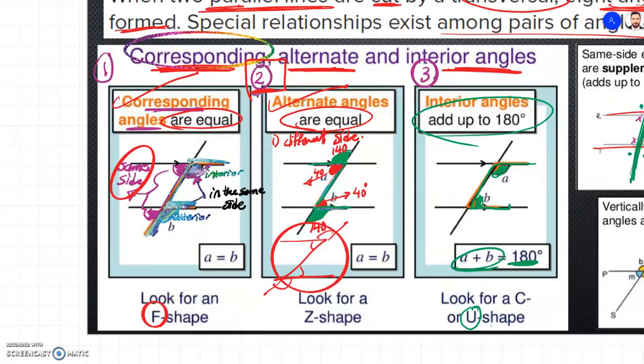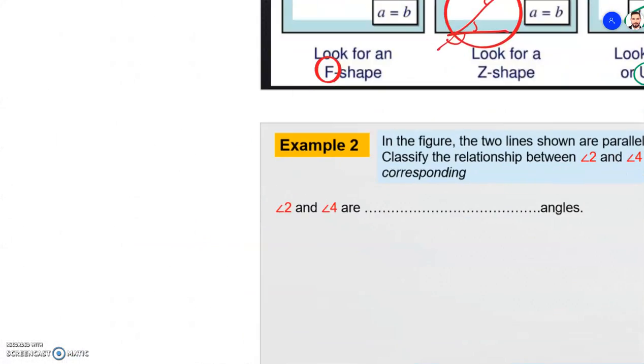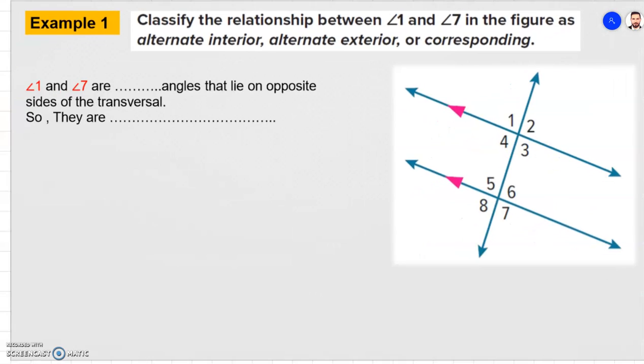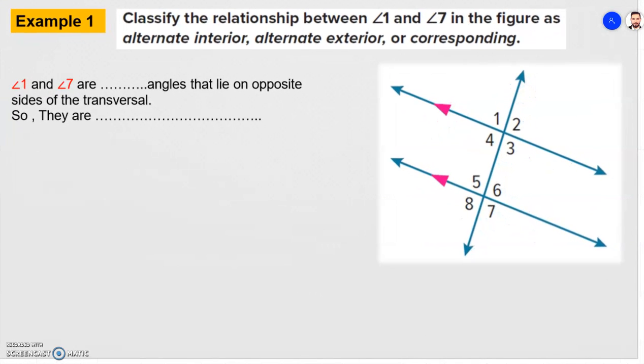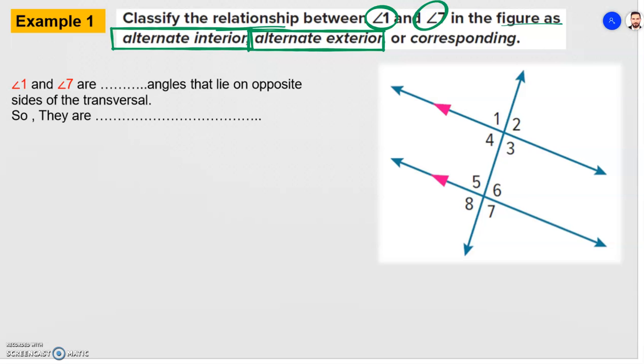First of all, we have example 1. In example number 1, it says to classify the relationship between angle 1 and angle 7 in the figure as alternate interior, alternate exterior, or corresponding.